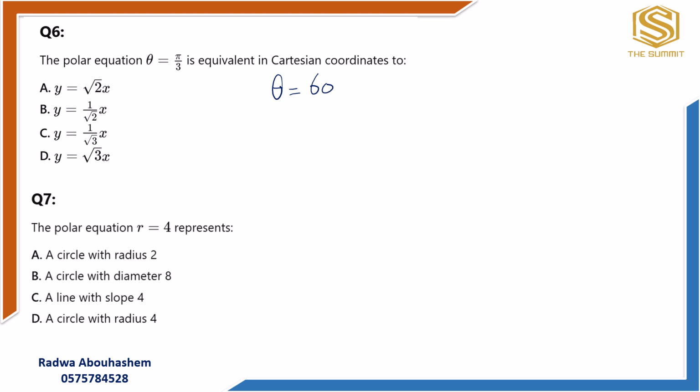And I know that tan theta equals y over x, right? So if I need to isolate the y, I will just do cross multiplication. So y equals x times tan theta, which is tan 60. Now tan 60 is root 3, so y equals root 3 x.